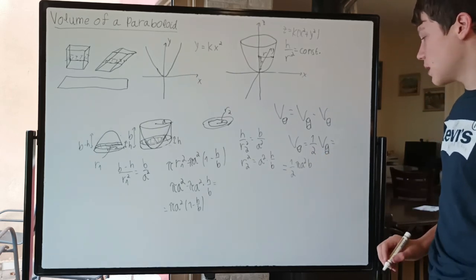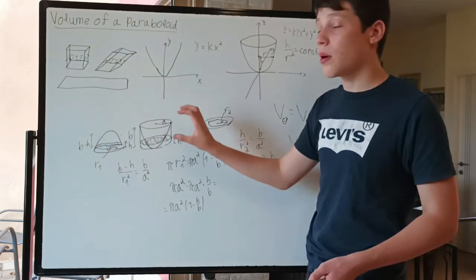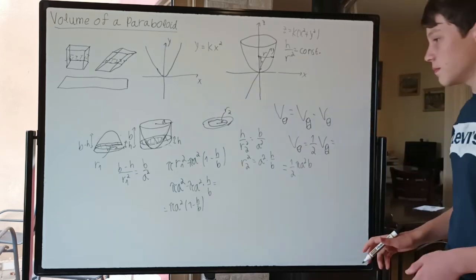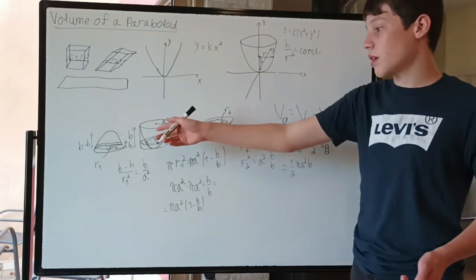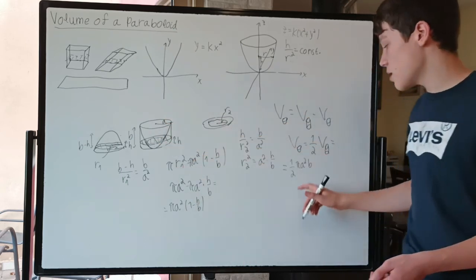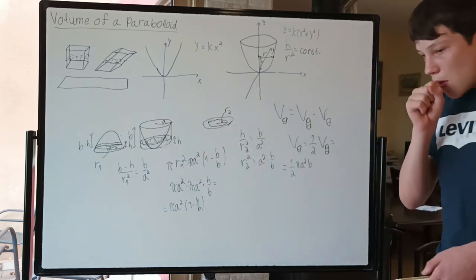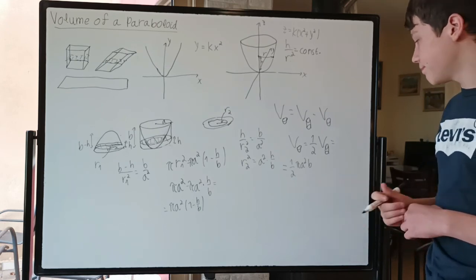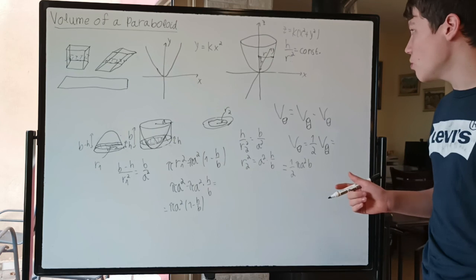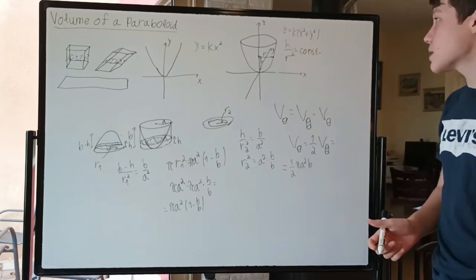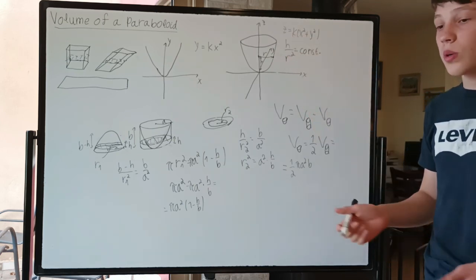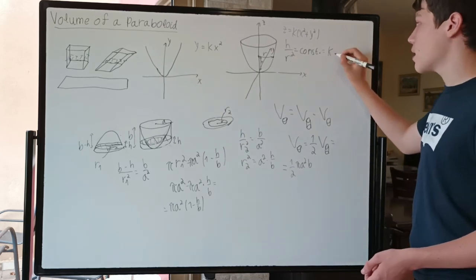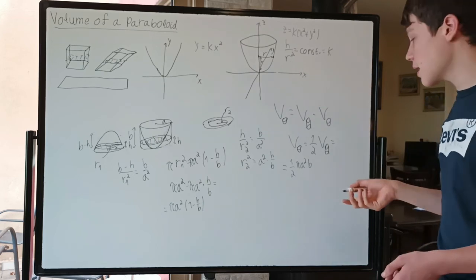So this is 1/2 pi a squared b. And that's the formula. So if you have a paraboloid with height b, and at the top the radius is a, then its volume is just half that of if it was a cylinder, which is half pi a squared b. And if you have something in the form of z equals k times (x squared plus y squared), and you want to look at it like that, then you can say, well, this constant is actually the constant k.